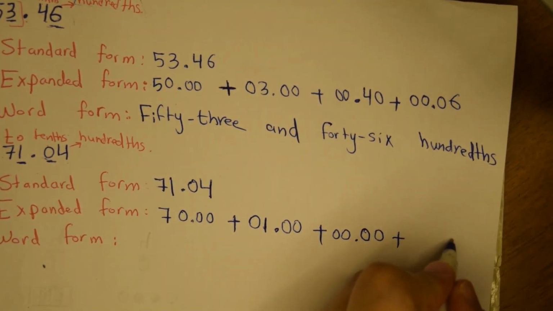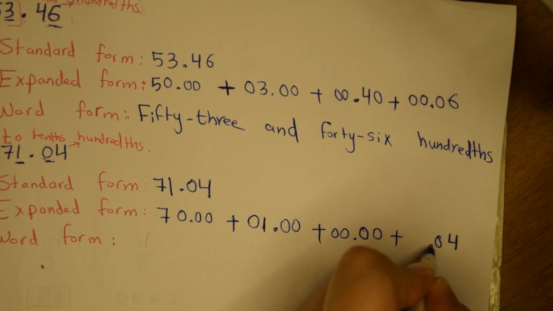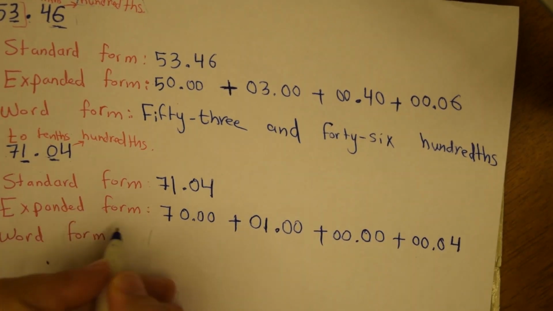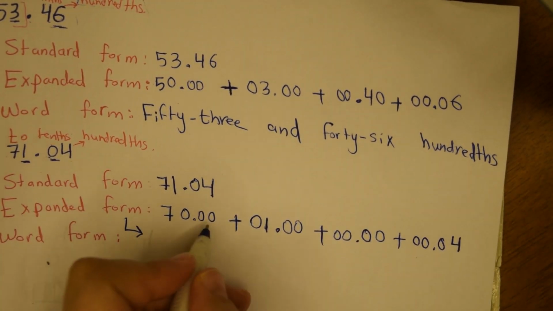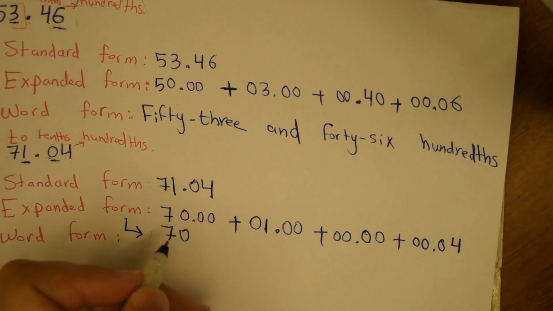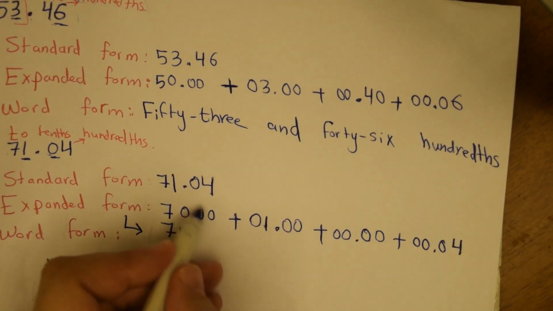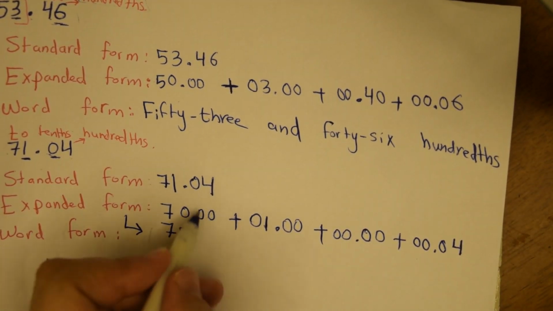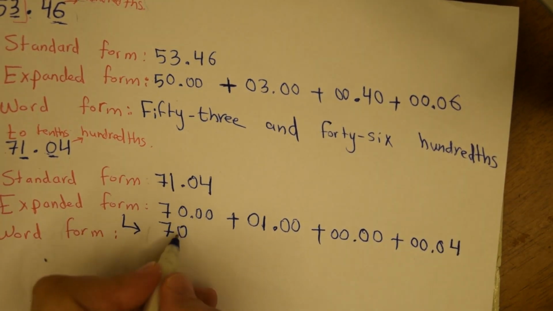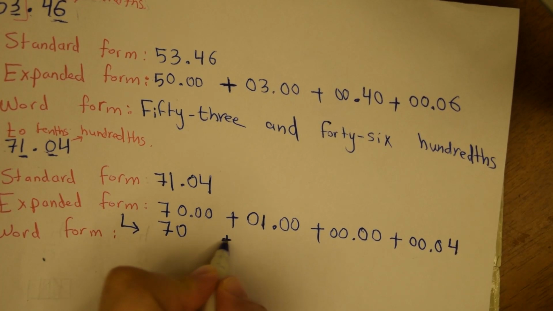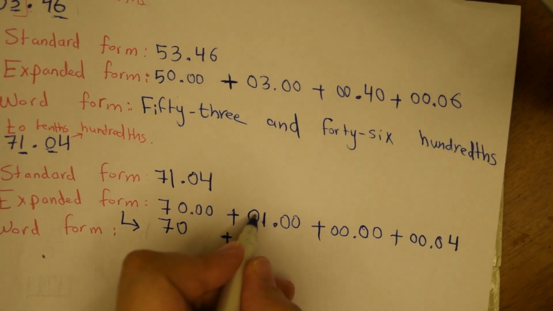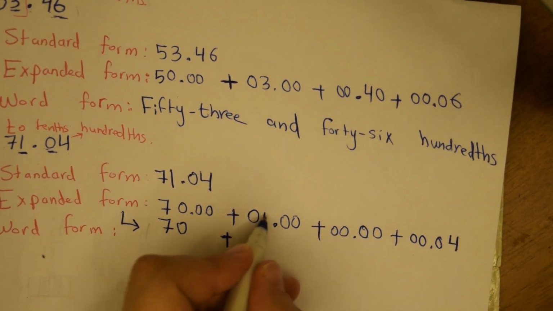Now for the 4, 0.04. Maybe you will see the expanded form written like this: someone will write only 70. Why? Because here I don't have any fractional part, so no need to put the point and the zeros. This is the same as this, plus. Since there are 0s after the number in the whole part, it has no value.